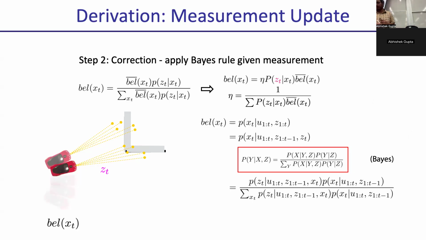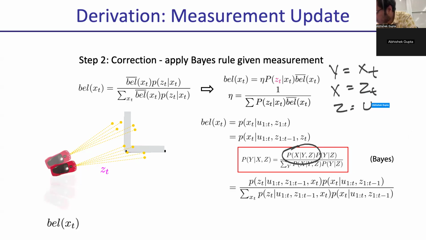So Bayes' rule is going to say, let's try to unpack each term one at a time. So this is P of x given y comma z. If you remember, y is equal to xt, x is equal to zt, and z is equal to u1 to t, z1 to t minus 1. And so the first term is going to be P of x given y, z.